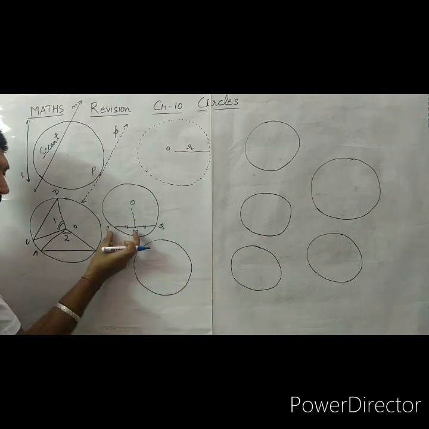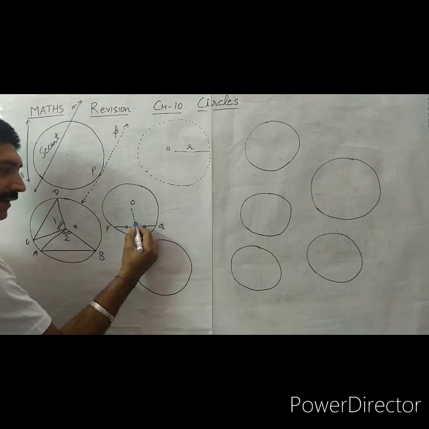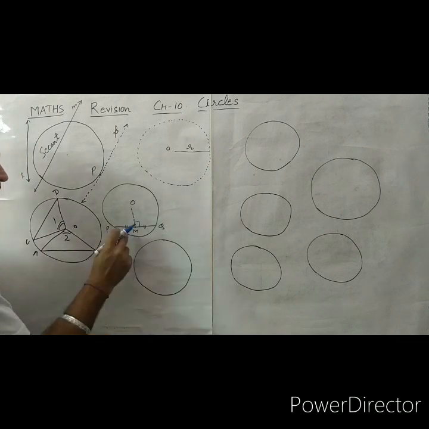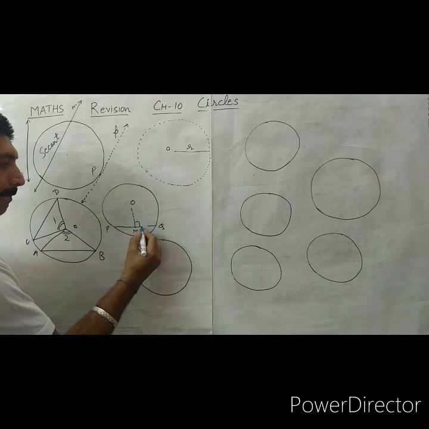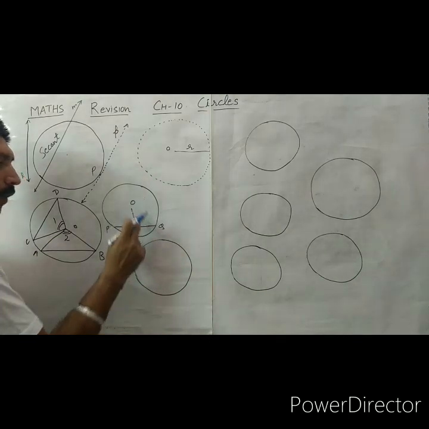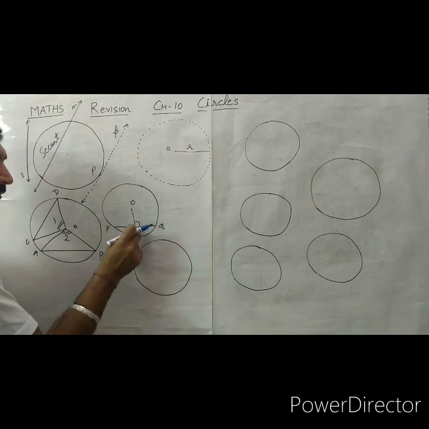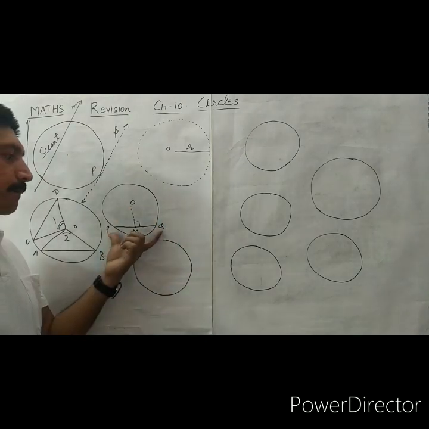If PM is equal to QM, then this angle is always 90 degrees. And its converse, if angle OMQ is 90 degrees, then M is the midpoint of this chord.